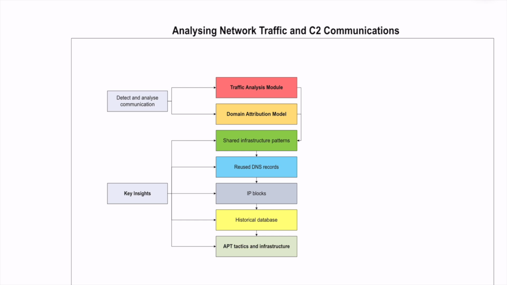Now, moving on to step number 3, which is to analyze the network traffic and the command and control communication. What is the objective here? The first one is to detect and analyze communications with C2 command and control servers. How do you do that?